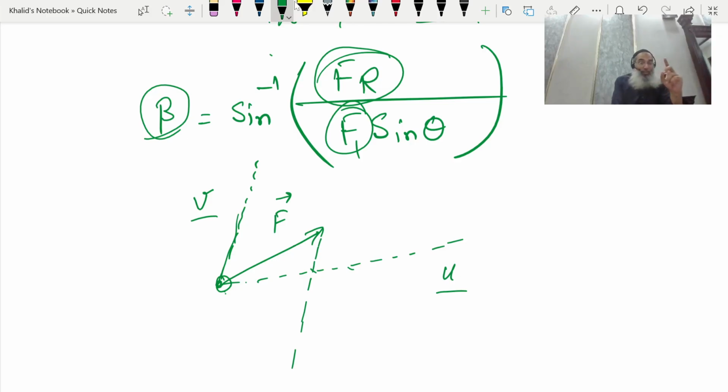Here we know the opposite. We know the resultant. We have to make the components, and we know that the head of one component is at the tail of the second component. So let's say this one is FV because it is in the V direction. Call it FV. This one is FU, the force component in this direction.